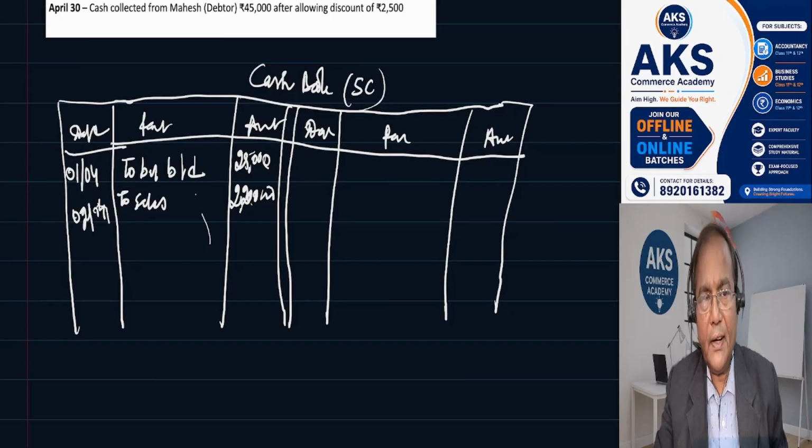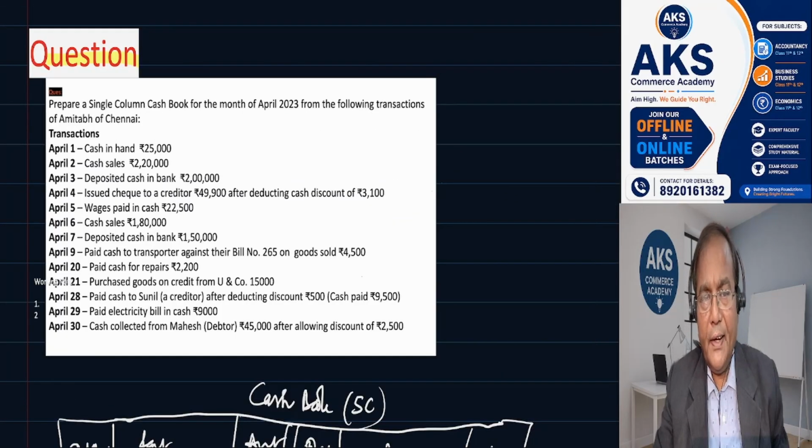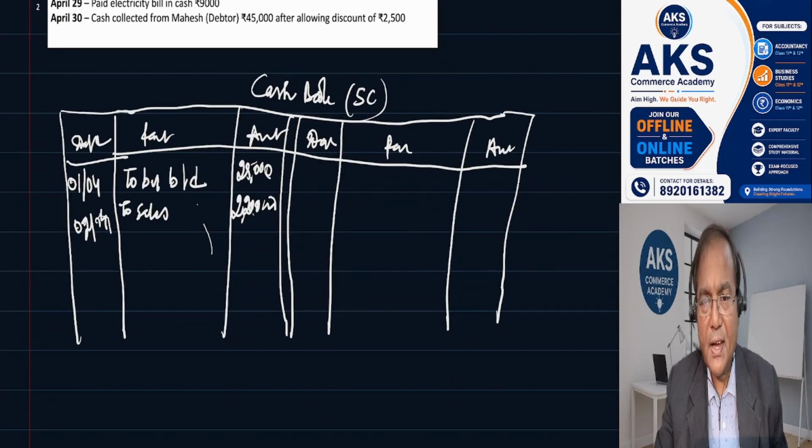Then the next one, third entry: deposited cash in bank. When we are depositing cash in bank, what is to be done? Bank is debited to cash, so cash is credited by bank. So we will write here the date, by bank.